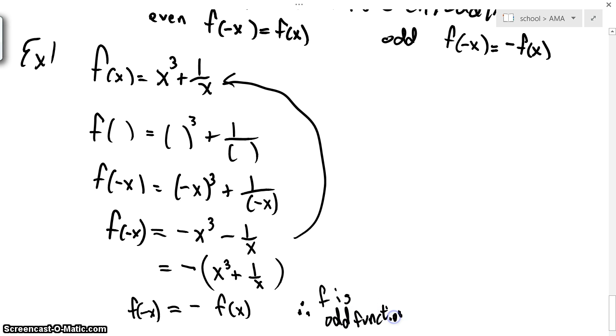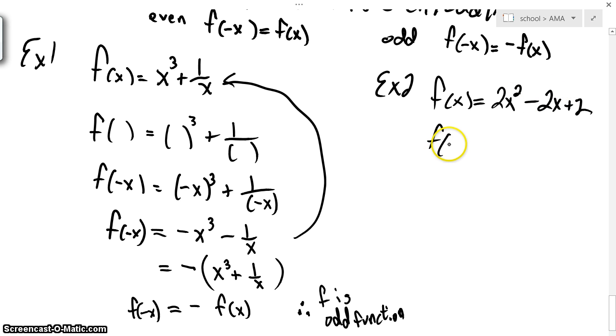By way of comparison, let's take a look at example 2. And what if I'd given you f of x equals 2x squared minus 2x plus 2? Well, once again, we can say what is f of the opposite of x. And wherever we see an x, we can replace it with the opposite of x.